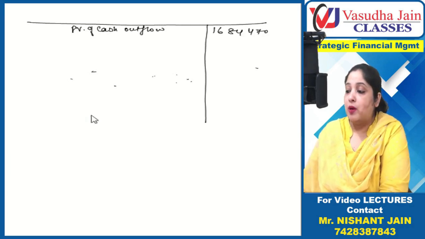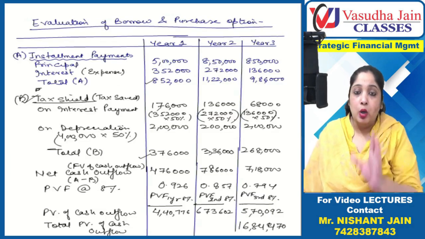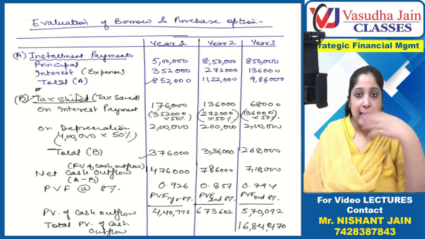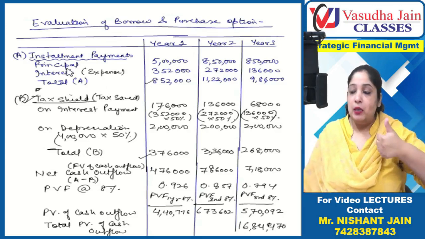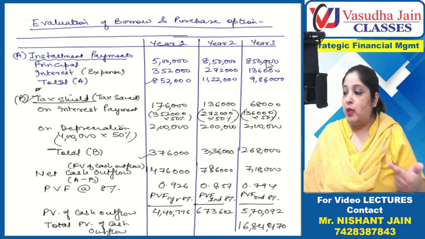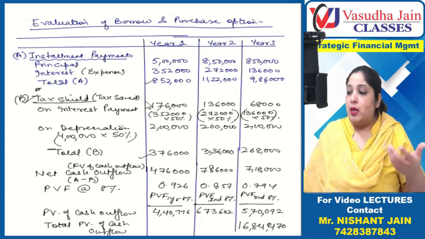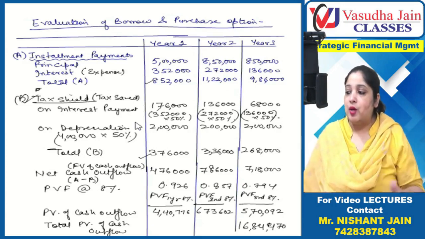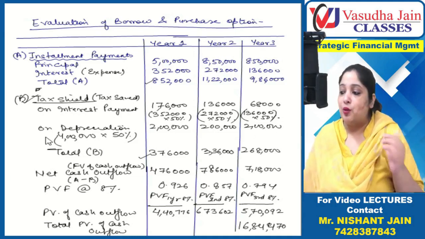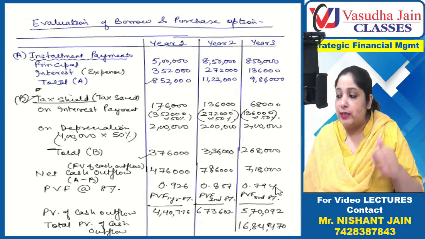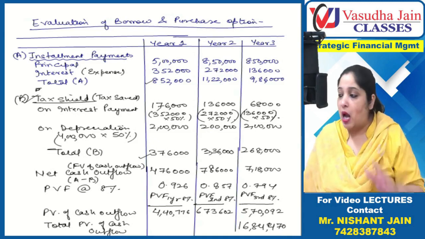Now please observe once more. As the owner of the machine, is there any other inflow or outflow? We have purchased the machine. We have borrowed the money, so we have to make the payment of principal and interest. Then we save tax because of the interest. Because of the depreciation, we can claim it as we are the owner, so we save tax also. So we then find out the present value. This is the total present value of the outflows.